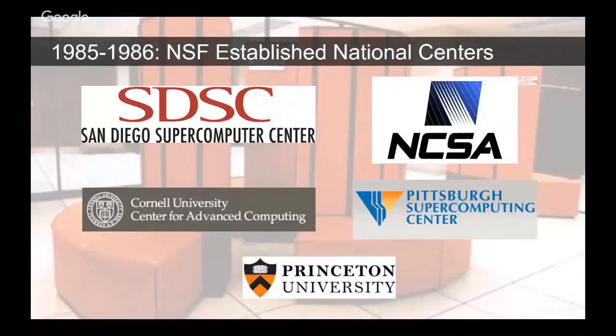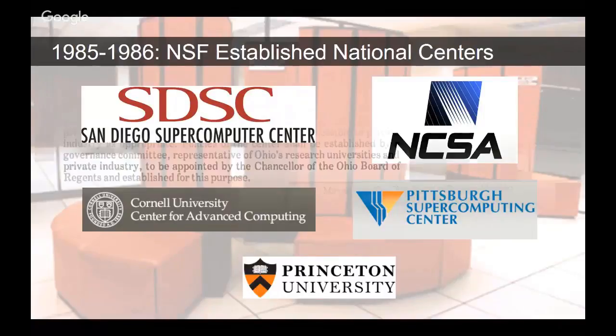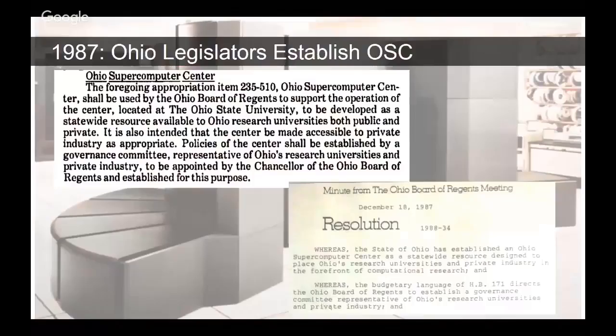They went to the Ohio governor and the General Assembly at the time and convinced them to fund that proposal. So the next year, in 1987, the Ohio legislature established OSC, the Ohio Supercomputer Center.